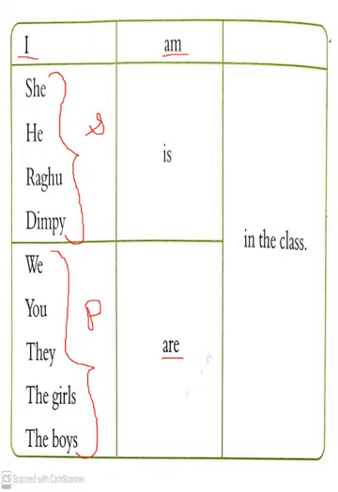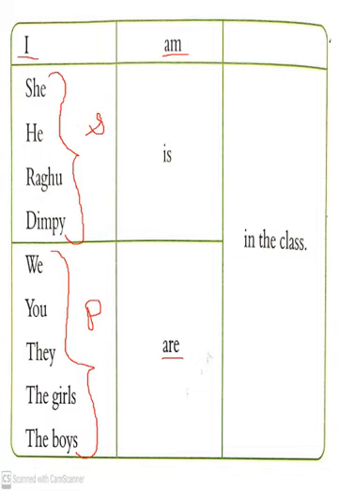With plural pronouns or naming words or special names, when two names are given together, at that time we are going to use are there. So for singular we will be using is, and for plural we will be using are, and with the I we will be always using am.